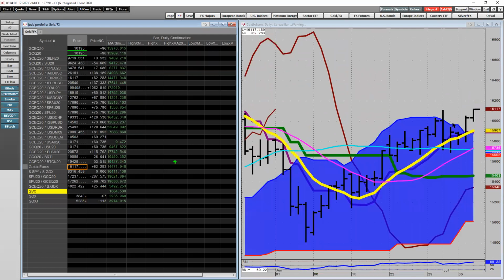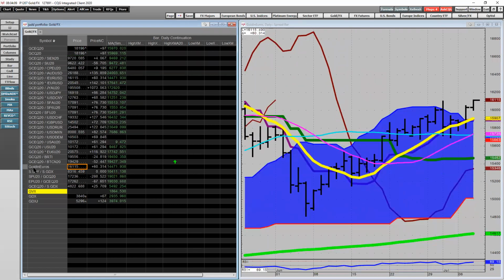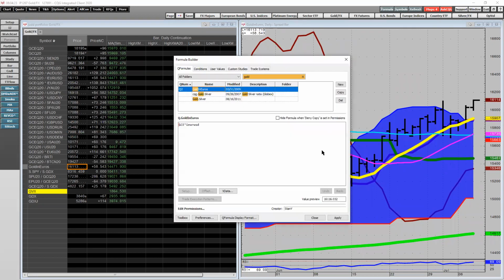Now, how is this one delineated, where we put gold in euros? I'll show you. If we go to the formula box. Hold on, let me get it over here. Okay. If we go to Q formula, here's the formula, you see it's typed in. Right now, it was 1 euro is how many dollars.